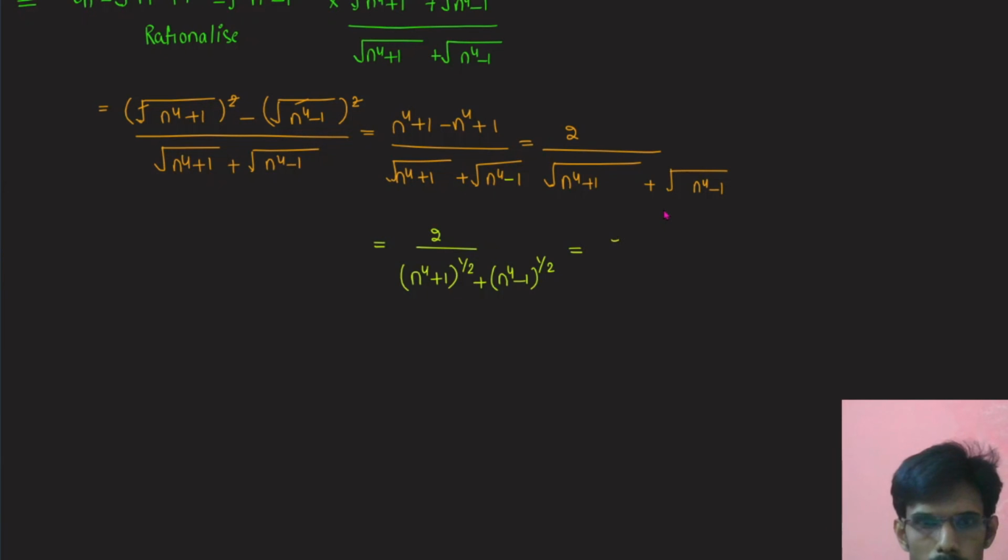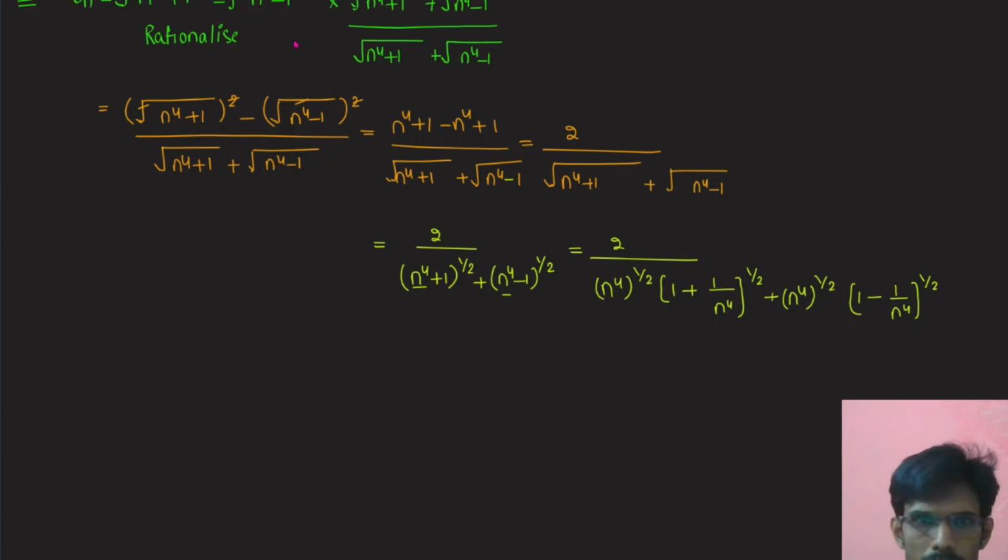So this will become 2 upon, if I take this n power 4 common, it will carry its 1 by 2 as power from the first term, then we have 1 plus 1 by n power 4 whole power of 1 by 2 plus, again take n power 4 common, so it will come out with 1 by 2, next we have 1 minus 1 by n power 4 whole power 1 by 2.